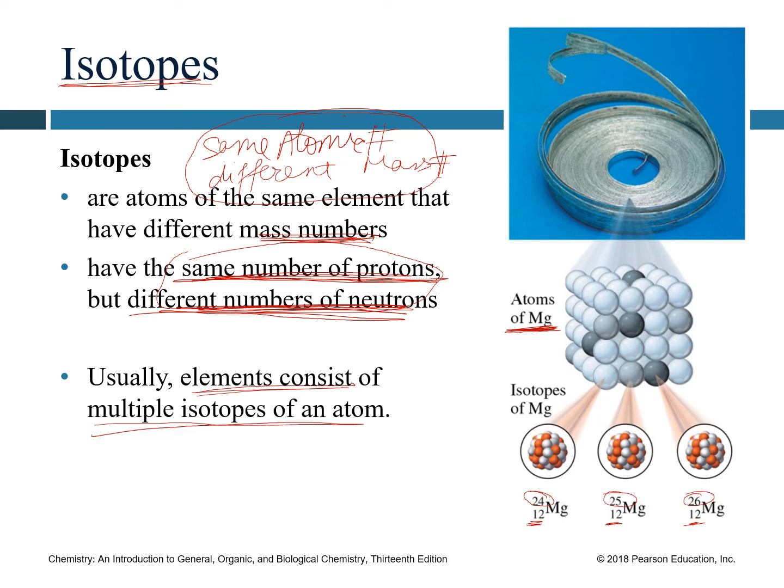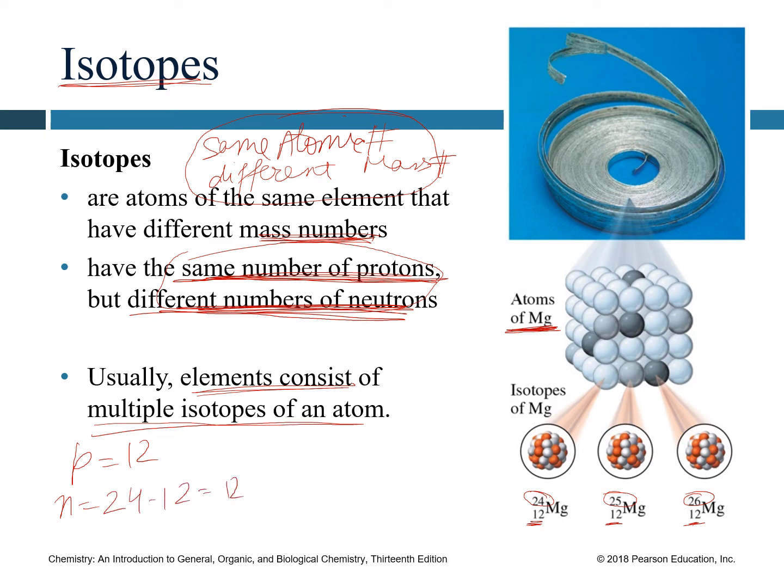So now if I give you all these 3, what is the difference here? This is the atomic number 12. All of them carry the same number of protons, which is 12. But the number of neutrons is different. For the first one, the number of neutrons would be 24 minus 12, which is 12.